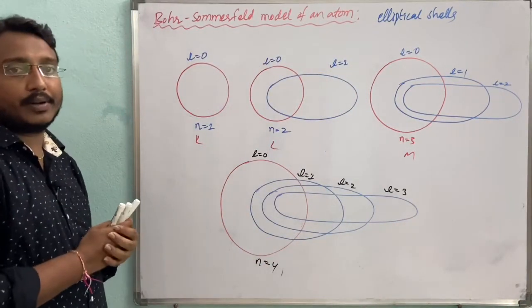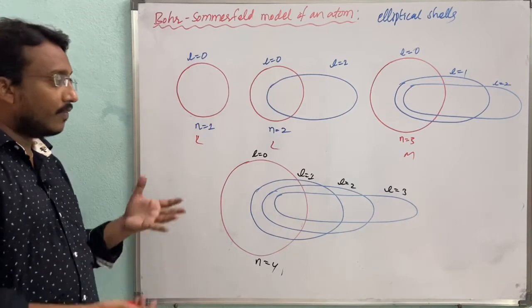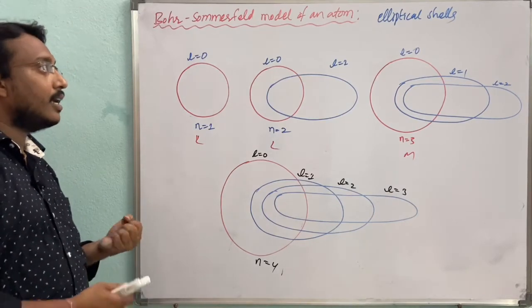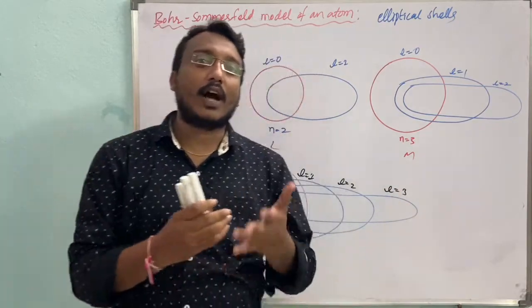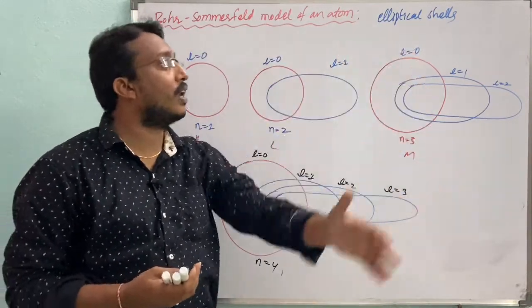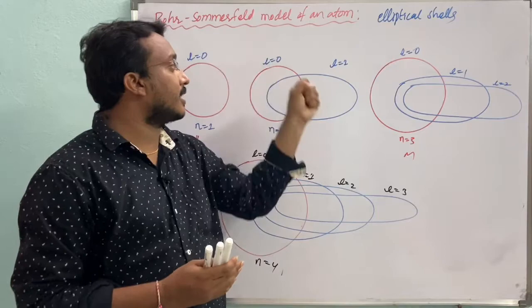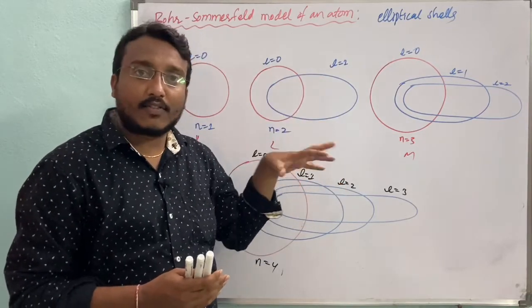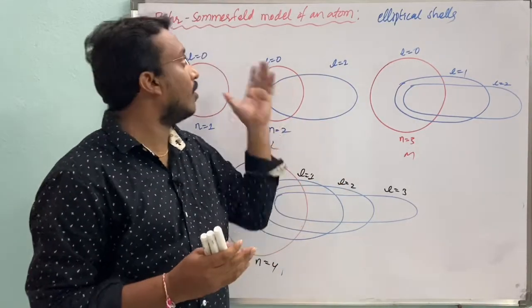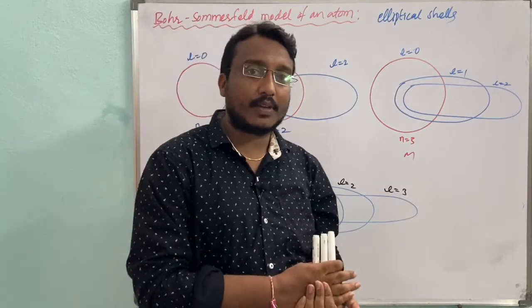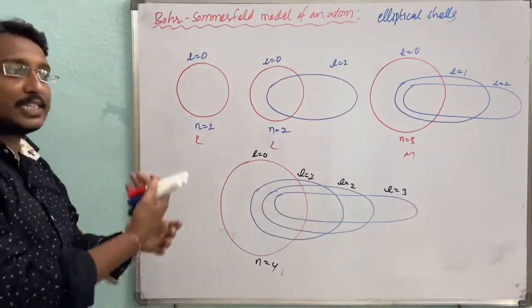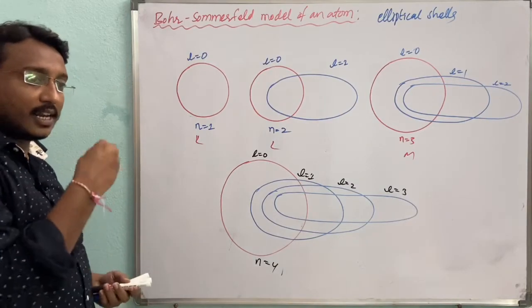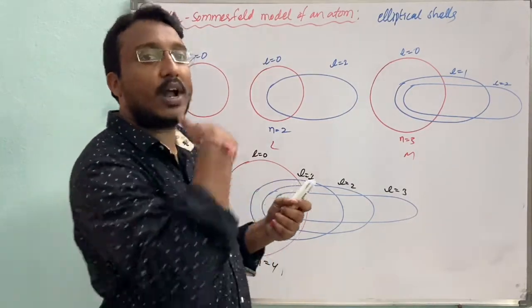With this concept, he successfully explained the fine spectra of hydrogen atoms. Bohr's and Sommerfeld's atomic model successfully explained the fine spectra of a hydrogen atom, but he was unable to explain the larger atoms, which have more than one electron.